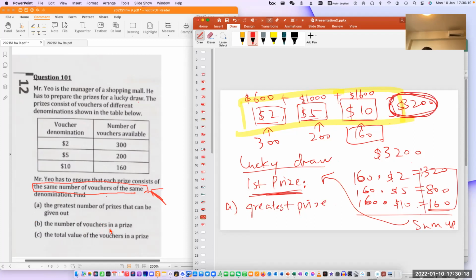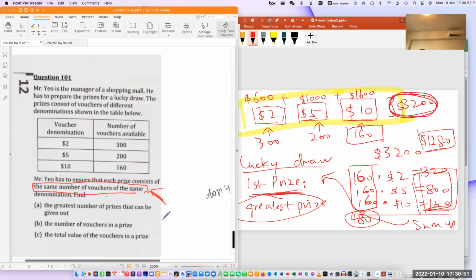And the number of vouchers in this price is 480. But I can understand you, this question is a bit confusing. But based on my understanding of this question, the greatest price will be the sum of this, which is let me just figure it out, 1280.